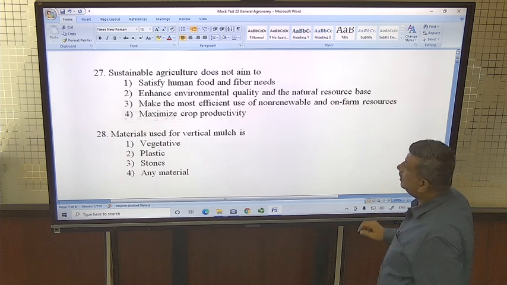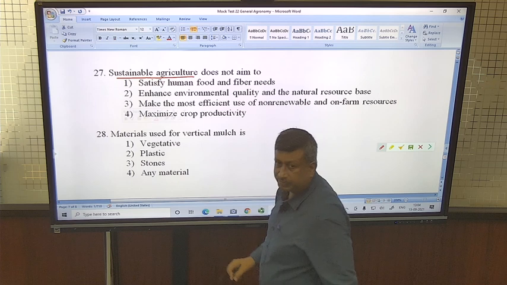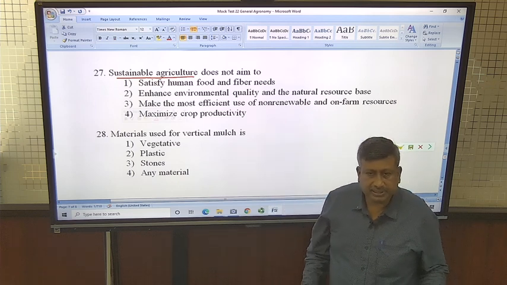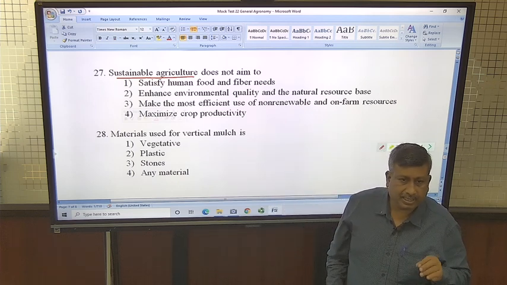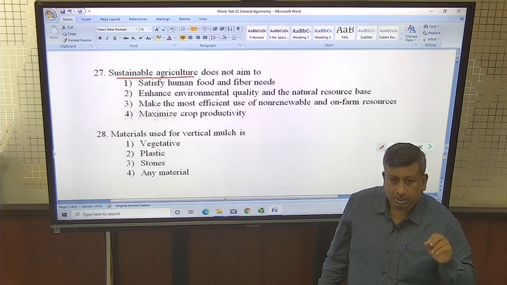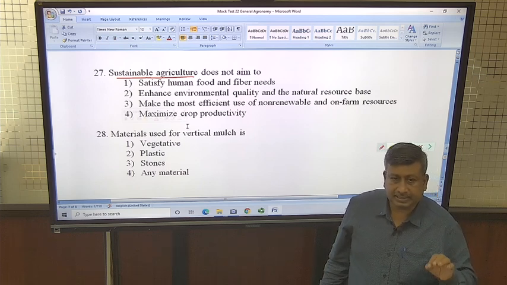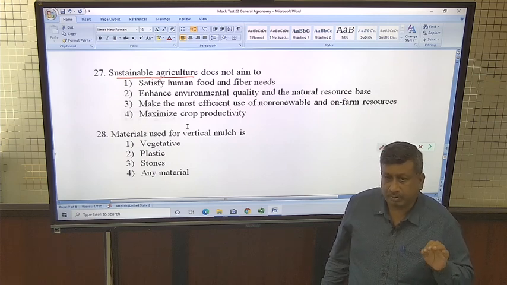Sustainable agriculture does not aim to... So, first know the definition of sustainable agriculture. The definition says that sustainable agriculture is successful management of resources to satisfy changing human need while maintaining the quality of the environment. So, it considers 3 things. Number 1, successful management of resources.